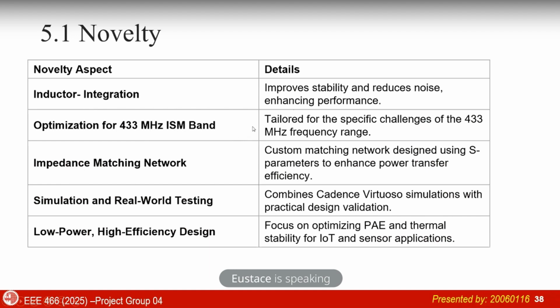We have also devised an impedance matching network to get the maximum power efficiency. We have simulated this circuit in Cadence Virtuoso, which reflects the practical parameters also. This system is a highly low power and power efficient design.